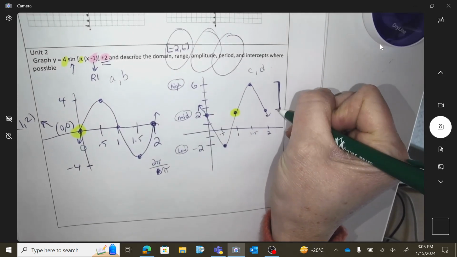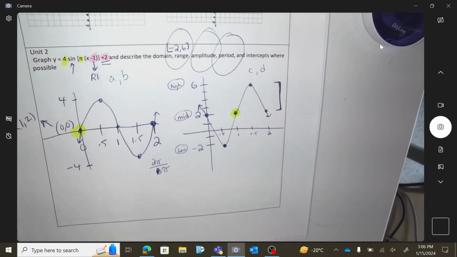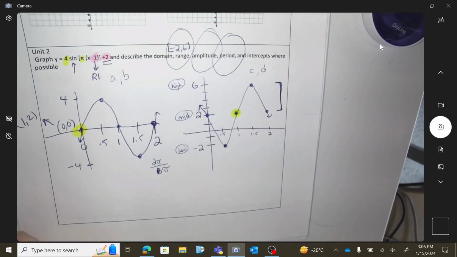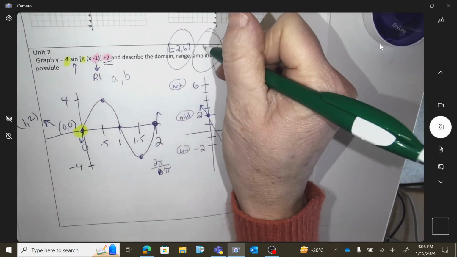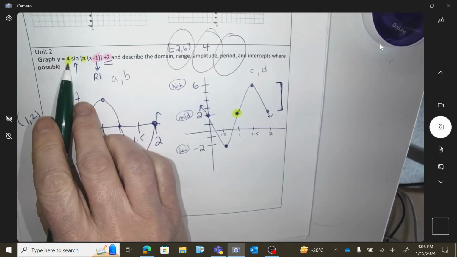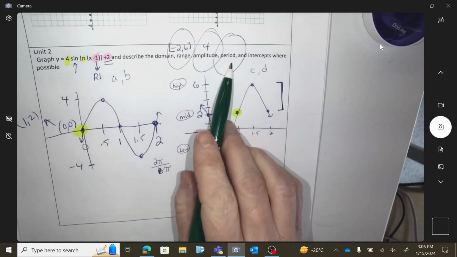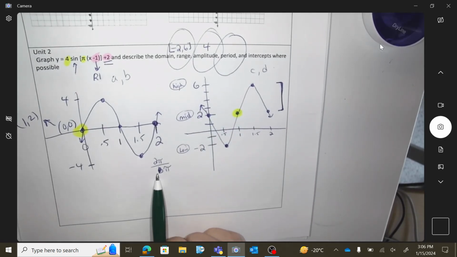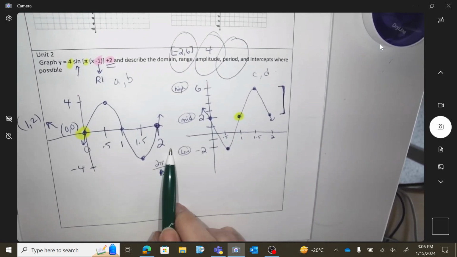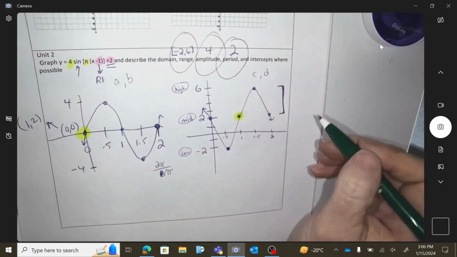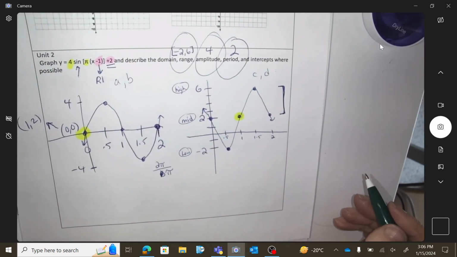The distance from the middle. So we are 4, and that's also the same as the A. A, amplitude, A, all the same. And the period was 2 pi over B, so it took us 2. Is it, no, because it's negative 2 to 6.